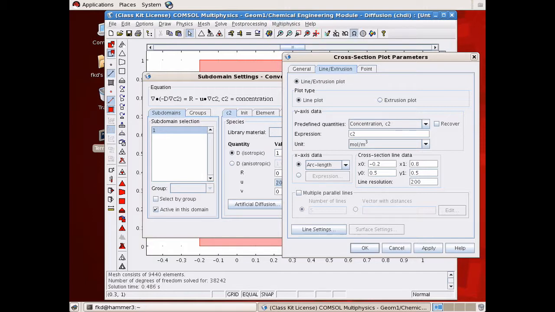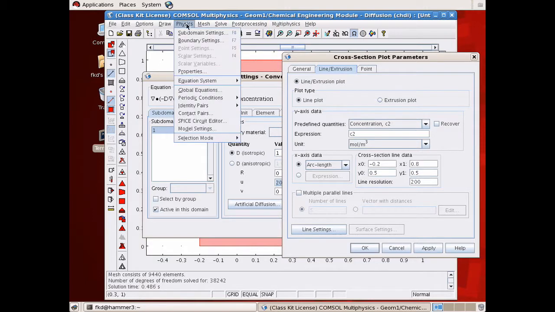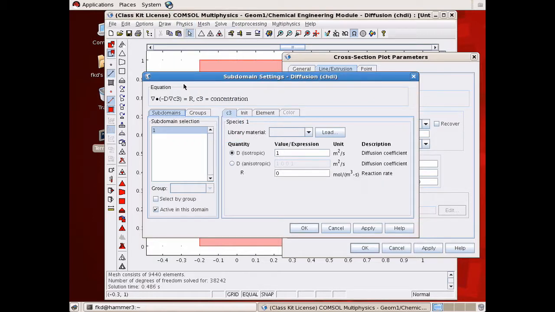So what is our flow velocity going to be in this system? This is our equation.